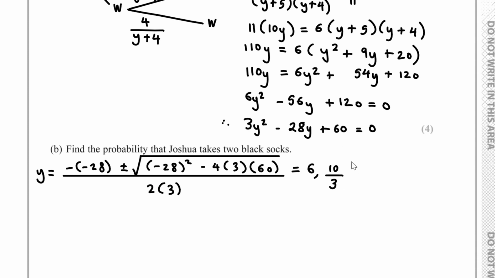Now this value here, we need to reject, because we need a whole number of socks. So therefore, we've got y equals 6 as our only solution.